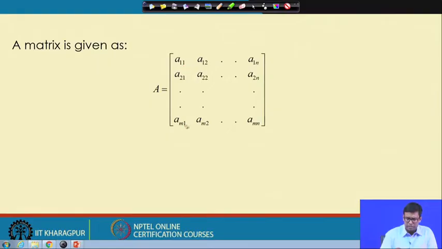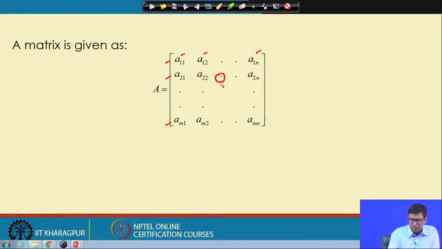So, it has a total of n columns and m rows. If we look at this matrix, there are a total of m rows and n columns, and inside this matrix any number can be identified by its position according to row and column.